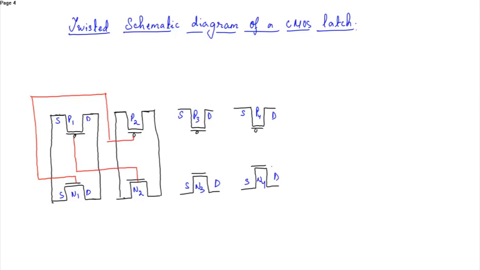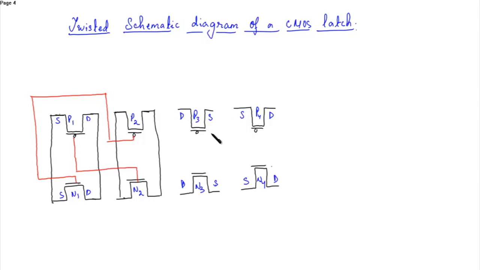So we just undo the names. Now this is drain, source, drain, source, source, drain, source and drain.